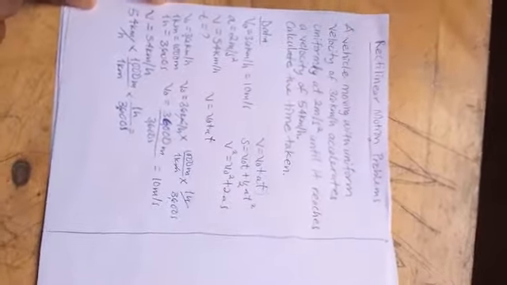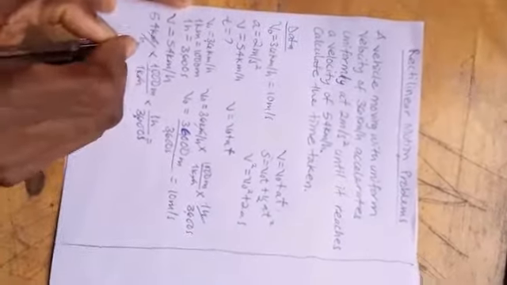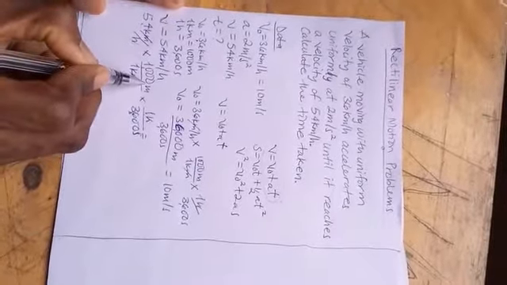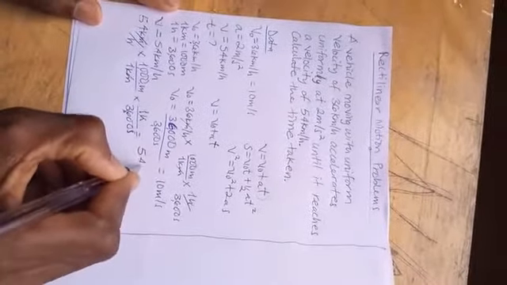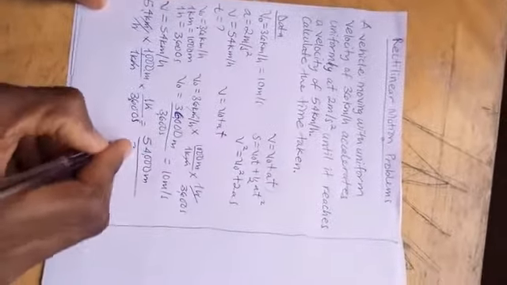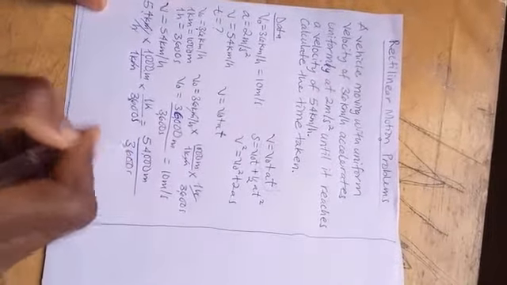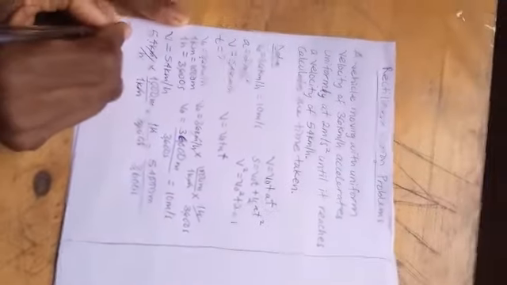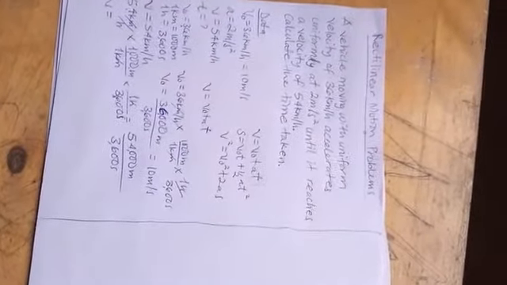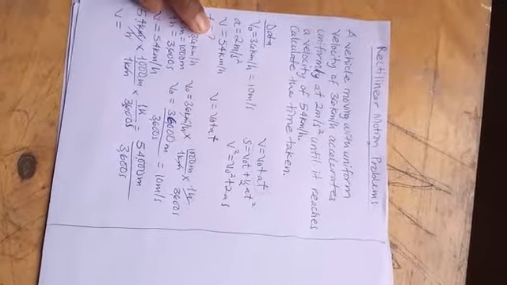Kilometer cancels kilometer, hour cancels hour. 54 times 1,000 meters is 54,000 meters, and 1 times 3,600 seconds equals 3,600 seconds. So v is equal to 54,000 divided by 3,600, which is 15 meters per second.